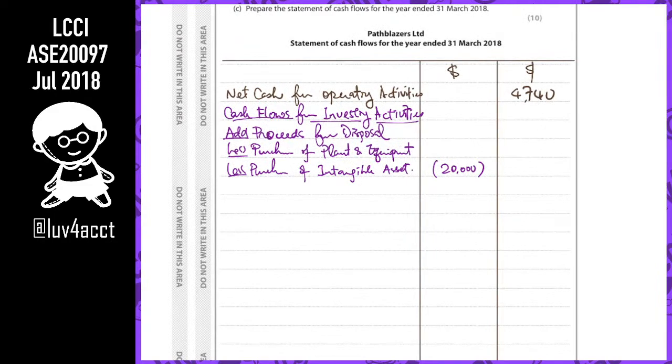Okay, so we have 19425 and also 8990. 30435 negative. Net cash used in investing.